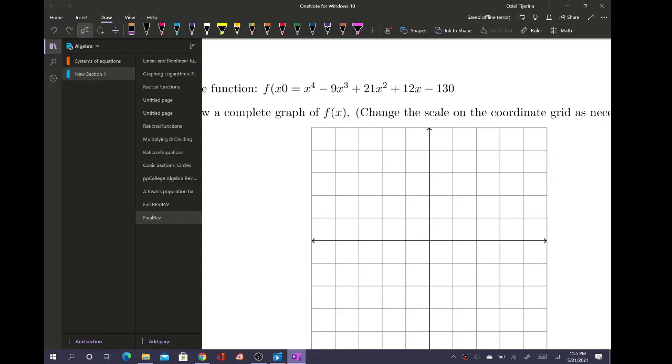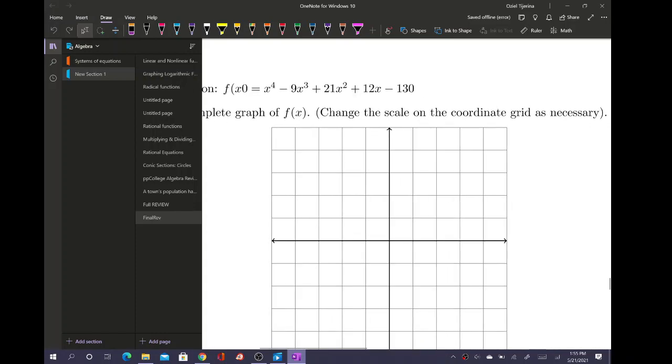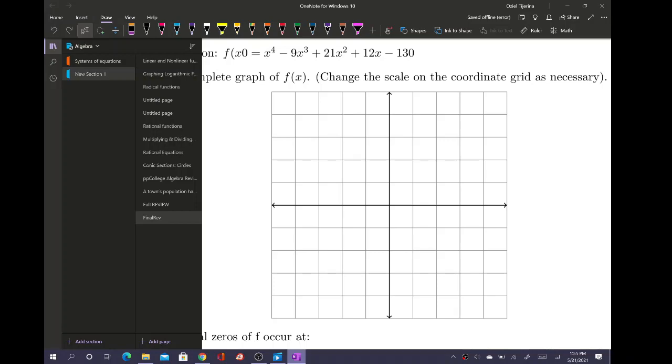I'm just trying to see exactly how I'm gonna graph this. So maybe I'll go by negative 100, negative 110, negative 120, negative 130, and we know that at negative 130, that's the y-intercept.